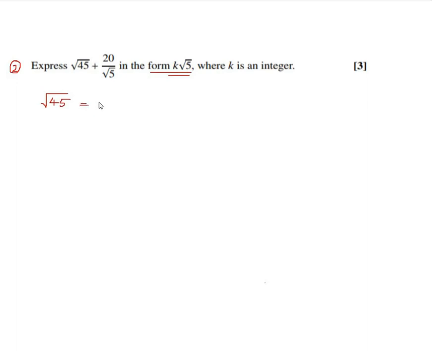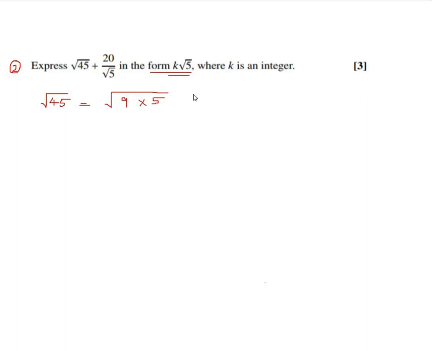a combination of a square number multiplied with another non-square number. So 45, we can see that it is nothing but a multiplication of 9, which is a square number, times 5, which is a non-square number. So this is the easiest way to solve the radicals.